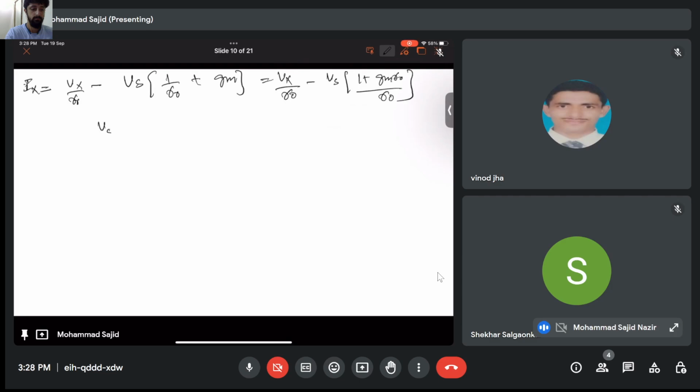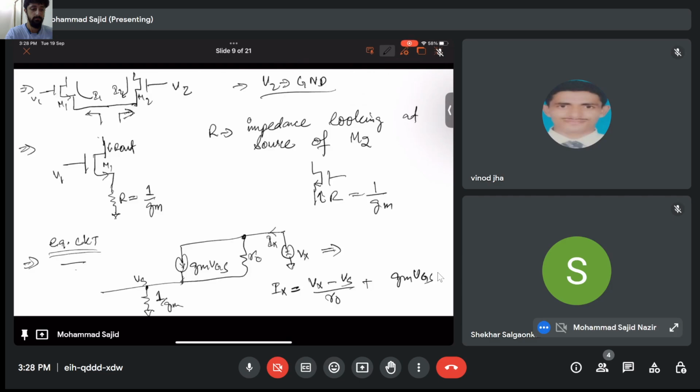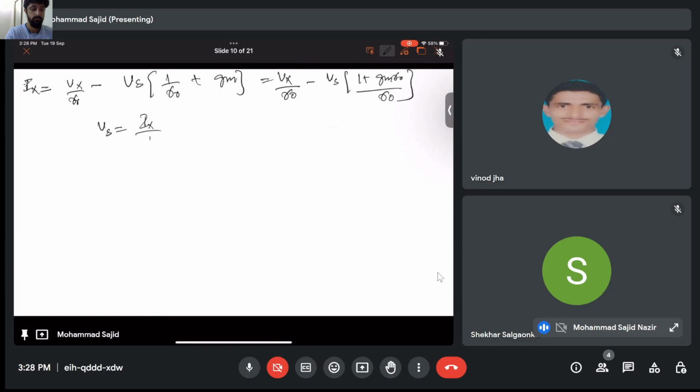Alright, now Vs is the voltage drop across this transistor. So know that if Ix comes in this branch, it has to leave this branch as well. So your Vs will be simply Ix by Gm. So Ix is Vx by R naught minus Ix by Gm times (1 plus Gm R naught) divided by R naught.